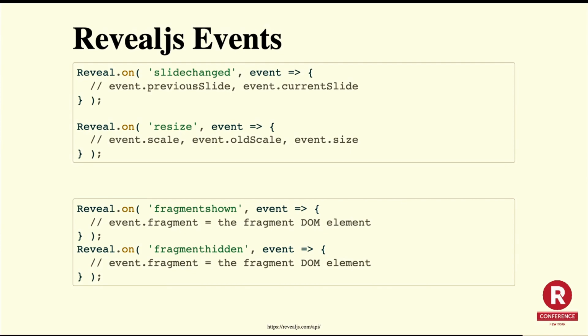So if there's something you can't do, if you know enough JavaScript, you can do anything you want as a trigger whenever a slide is changed. What I want to spend time working on moving forward is this idea of fragment shown and fragment hidden. Every time a fragment is shown, you can also call arbitrary JavaScript code.